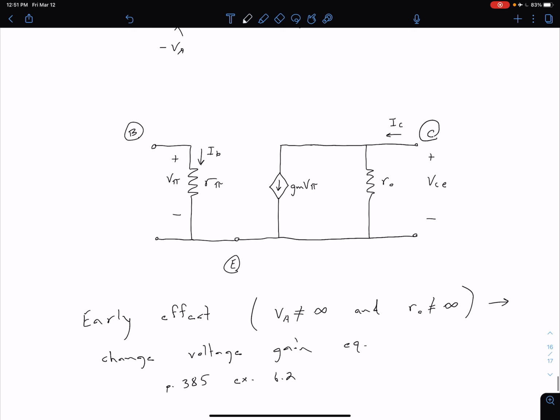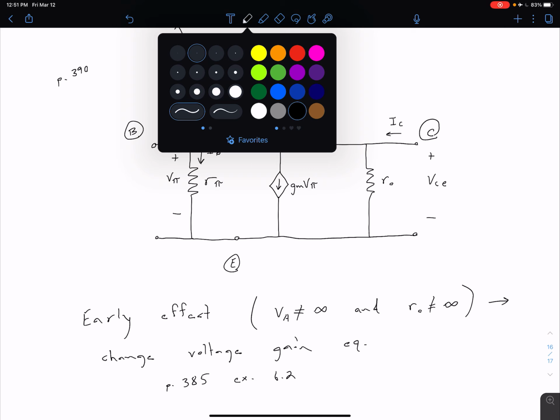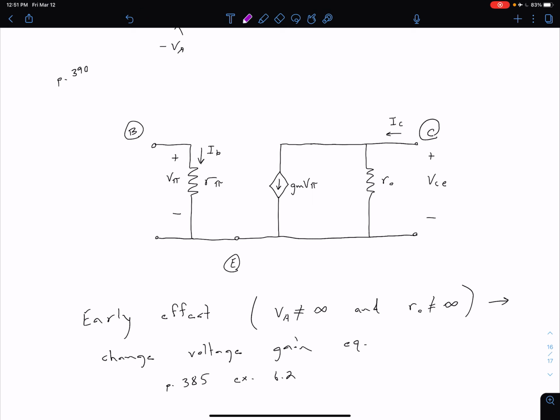There are actually a couple other parameters that sometimes you will see in BJT models, and these are mentioned on page 390 in the textbook. We are not going to consider them, so the circuit you see now is the most that we're going to consider. However, I'm just going to briefly draw in these other parameters so that you're aware of them.